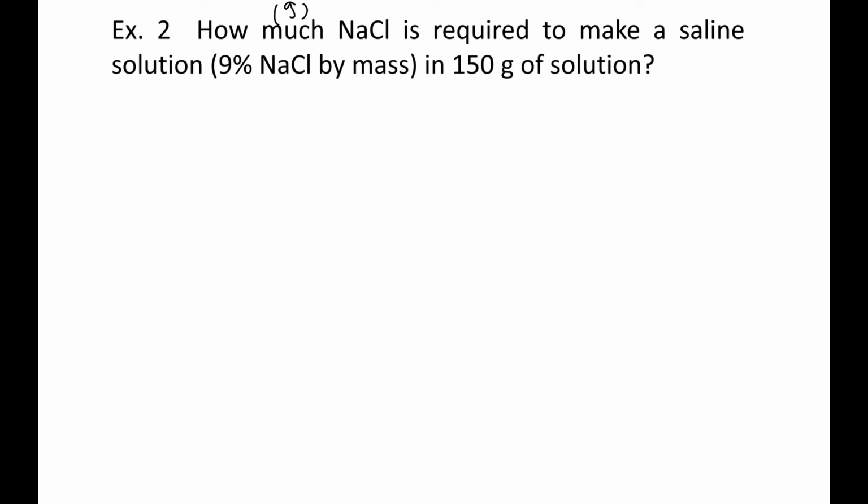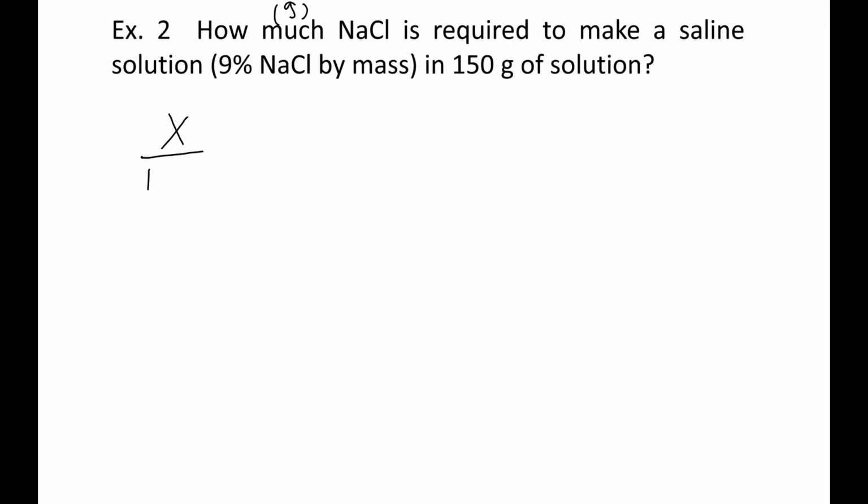So NaCl would be the solute, because if you're making a saline solution, most of the time, if it's a salt or any kind of solid, that's the solute, and then your liquid, generally in most of these problems, is water. Water is your solvent, okay? Now it gives you the solution, 150 grams of solution. So this is pretty easy.